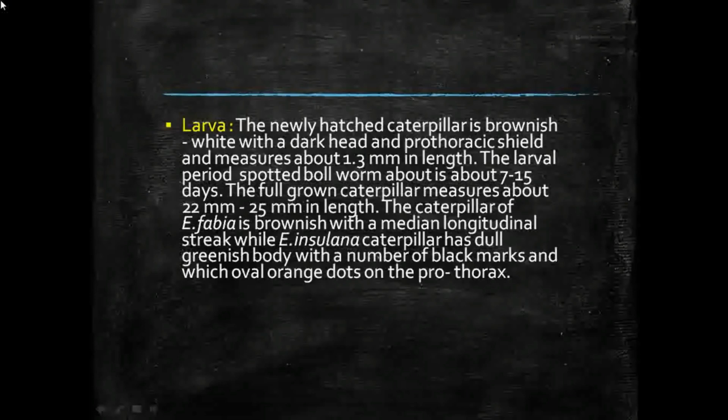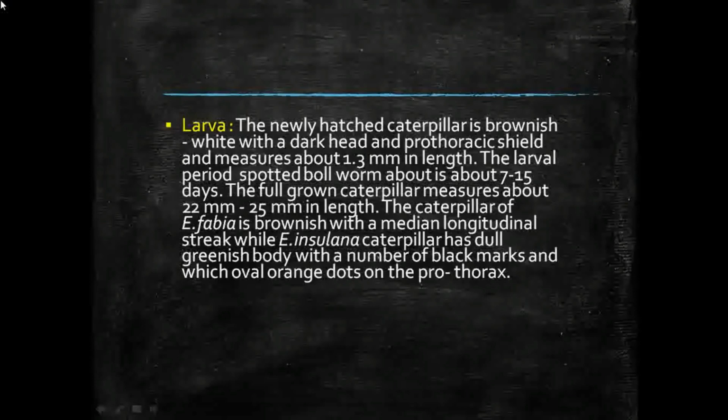The full grown caterpillar measures about 22 to 25 millimeters in length. So when it grows completely, it becomes about 22 to 25 millimeters in length.